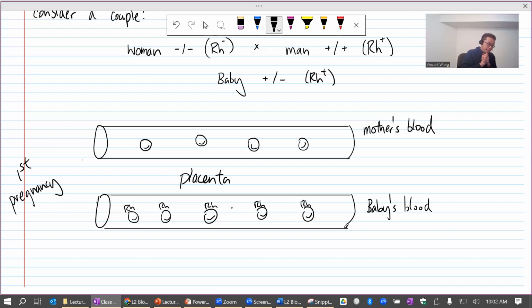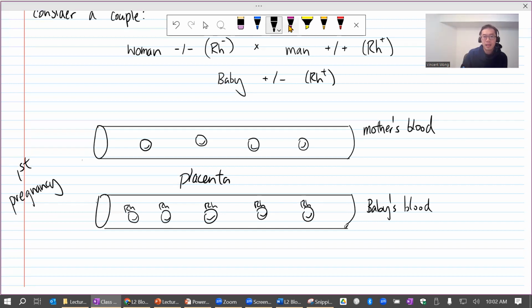Now, it is possible for the placenta to get damaged during pregnancy. Sometimes it happens during the pregnancy itself, but sometimes it happens during delivery. So let's say the damage happens during delivery, and the placenta has some tear in it.